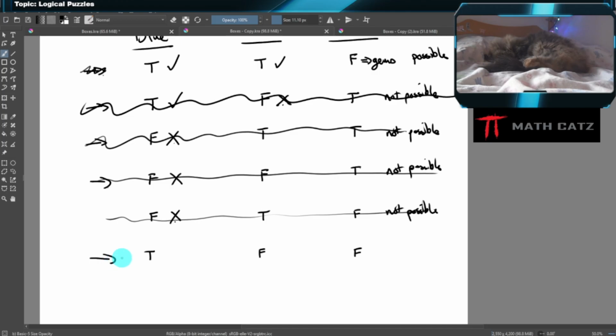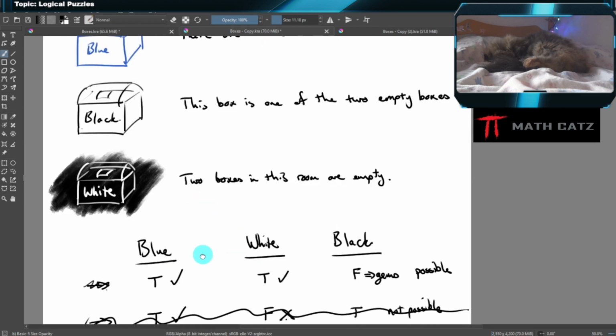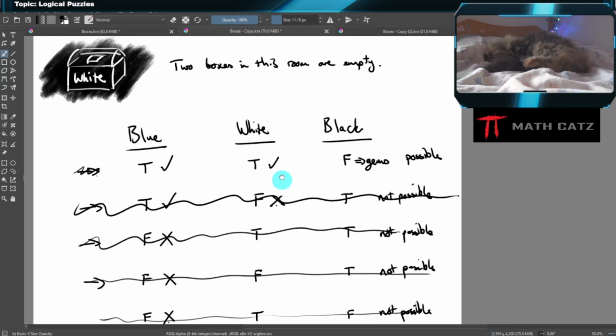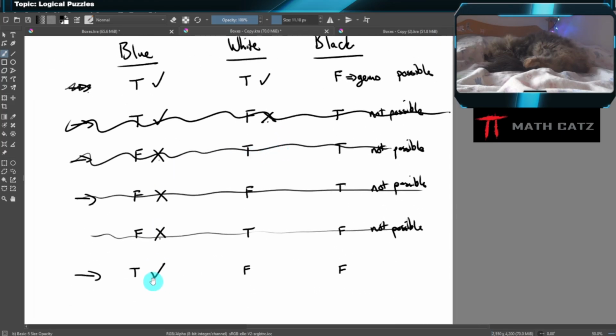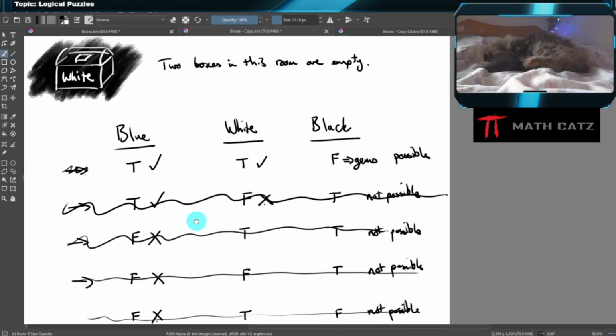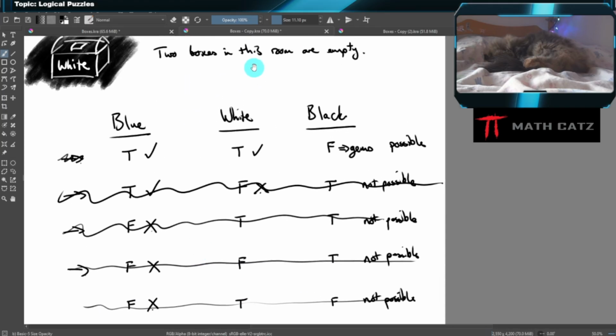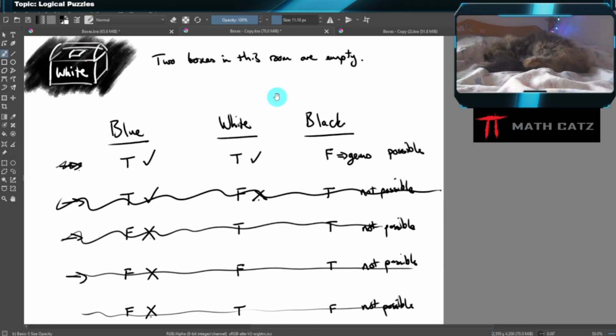And I only have 1 to check. So quick. Now blue checks out because in my assumption blue makes a true statement. Yes, blue in fact does make a true statement, so it's not going to throw out this possibility based on what blue says or how blue behaves. White says, white in my assumption is false. White says 2 boxes in this room are empty, but that is always factually true.